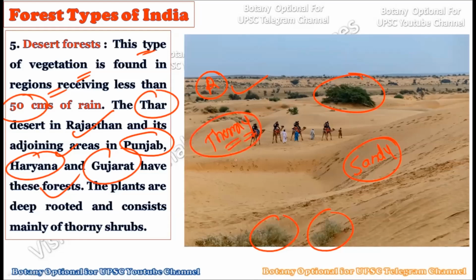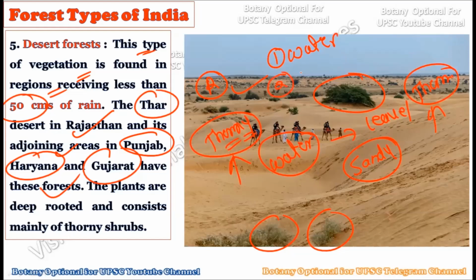In order to avoid water loss through the transpiration process, they have reduced their leaves, and these leaves are converted into thorns, okay? So that is why you will find thorny plants throughout this desertic land, and these thorny adaptations help the plant in two ways. The very first is the reduction in water loss, and second, it also keeps herbivores from eating these plants, okay?